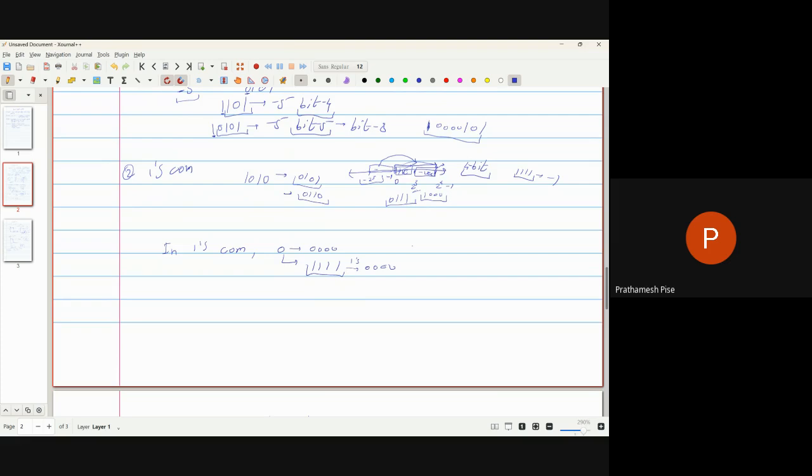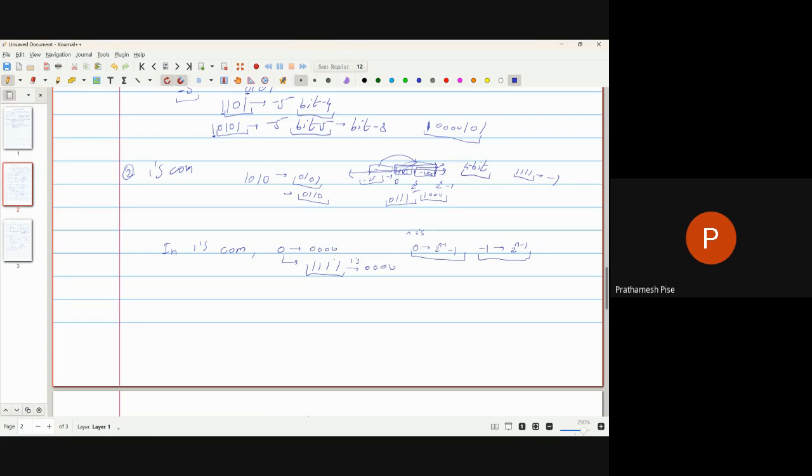In n-bit two's complement, positive numbers go from 0 to 2 raised to n minus 1, minus 1, and in negative it goes from minus 1 to minus 2 raised to n minus 1. These are the ranges of numbers that we can represent in 2's complement.